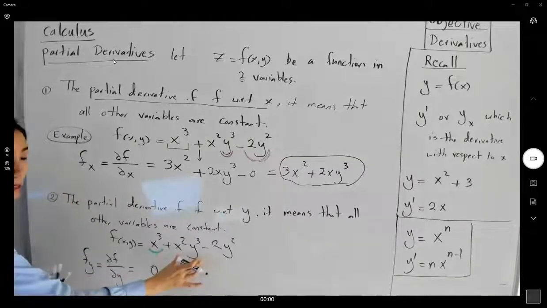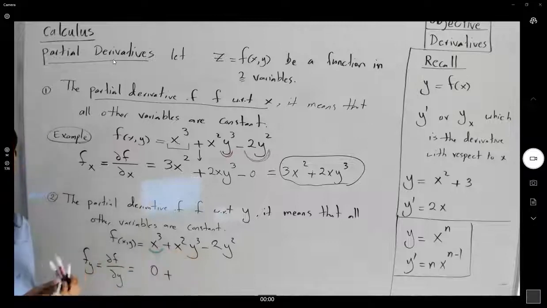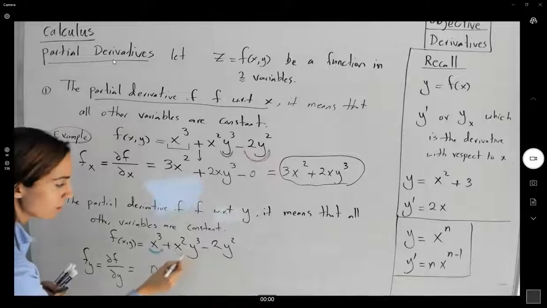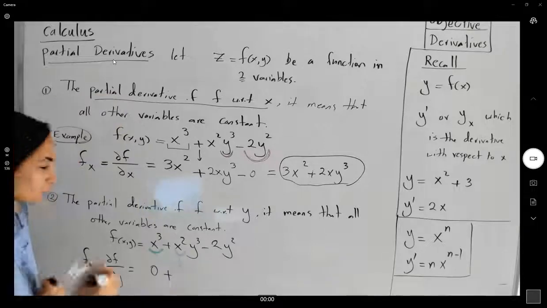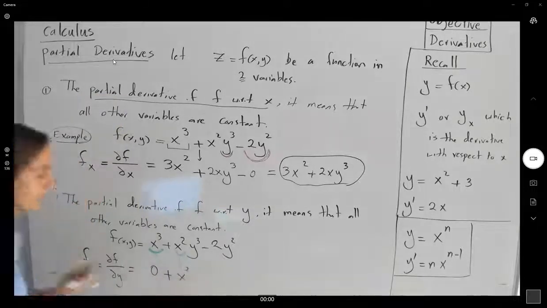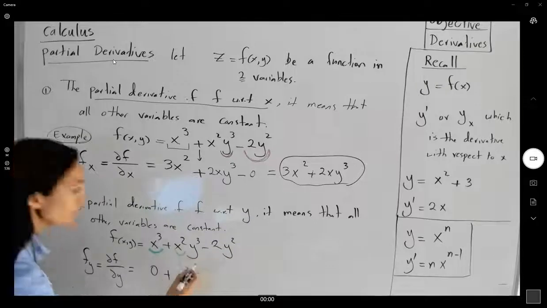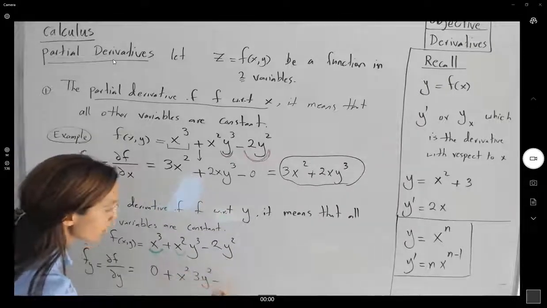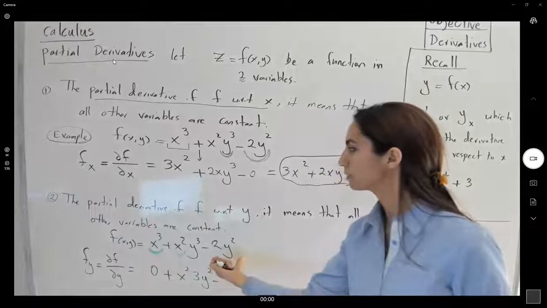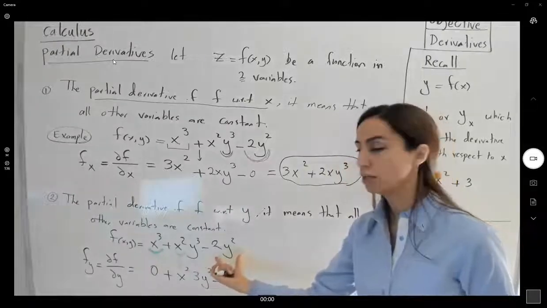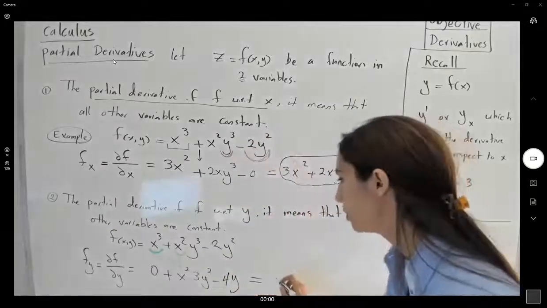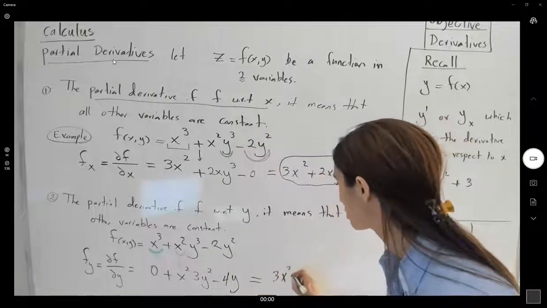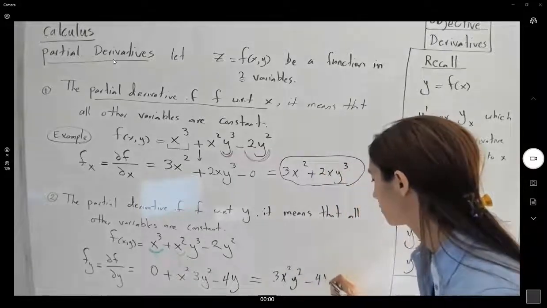Here you have multiplication. x squared is multiplied by y cubed. It means that even though it's a constant, you have to copy this down here. It's just a times y cubed. So you're going to have x squared, and the derivative with respect to y, 3y squared, minus. This term is completely in terms of y, so you get 4y. In short form, you get 3x squared y squared minus 4y.